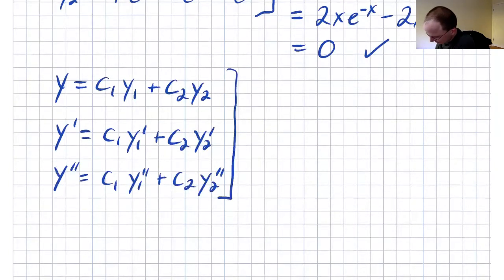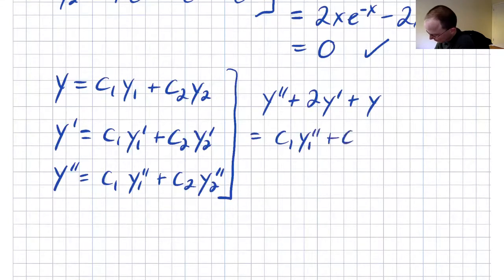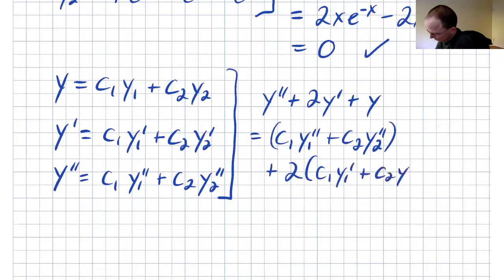Okay, so let's take this and substitute it into the differential equation. So the first term is c1 y1 double prime plus c2 y2 double prime, plus 2 times c1 y1 prime plus c2 y2 prime, plus c1 y1 plus c2 y2.